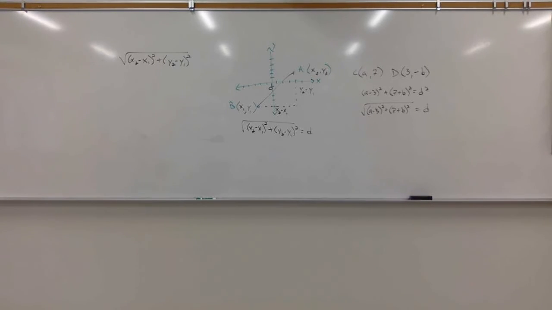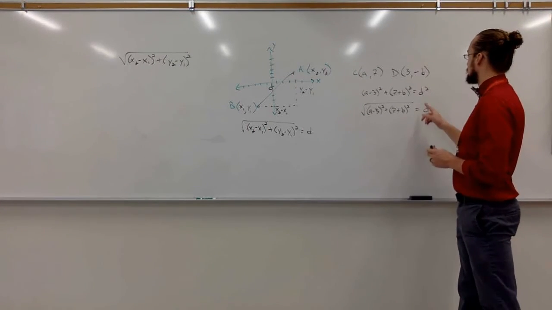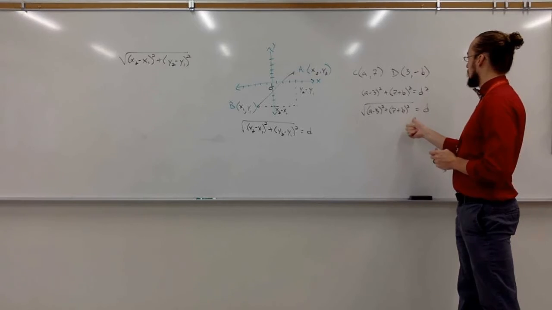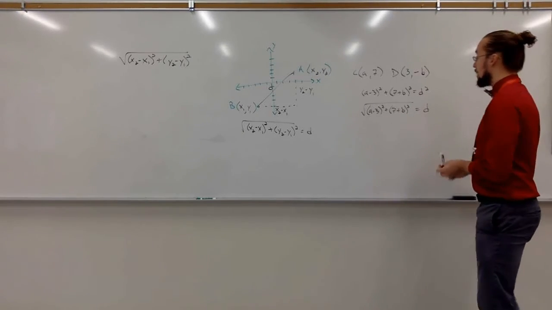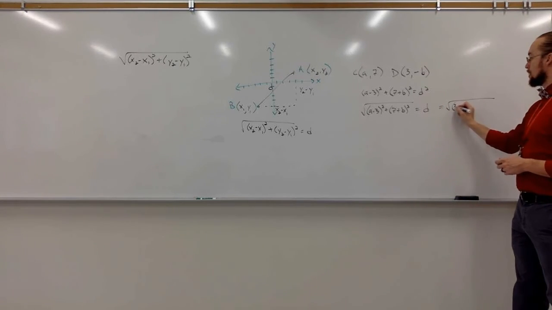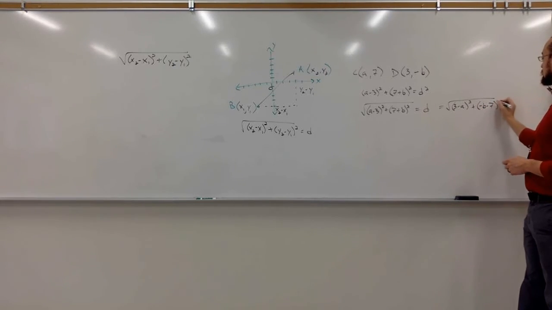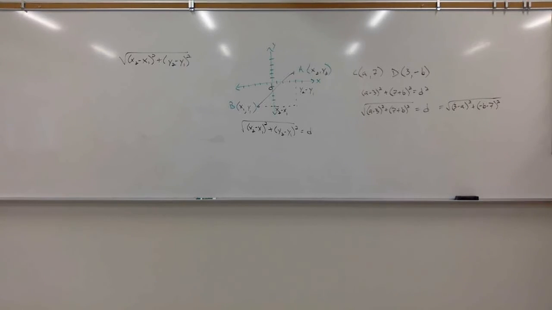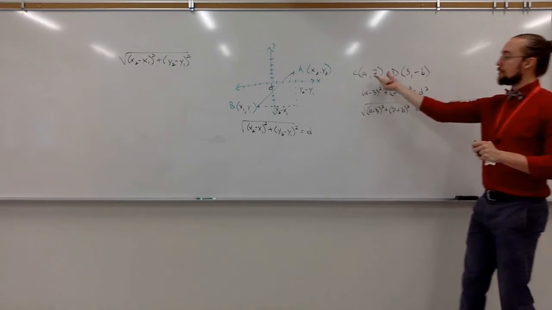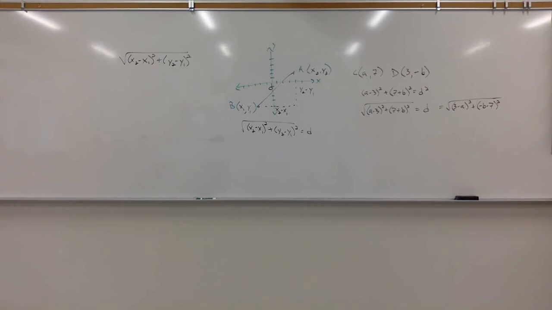So, no, it does not matter, as long as you then have negative b minus 7 over here. Yeah, so that would also be a correct answer. If we've got 3 minus a squared plus negative b minus 7 squared, it does not matter if I made this one my x1, y1, or this one my x1, y1. You'll get the same answer either way. These are equivalent statements.